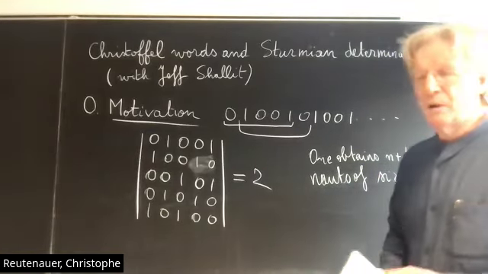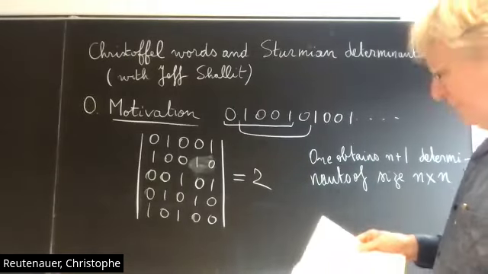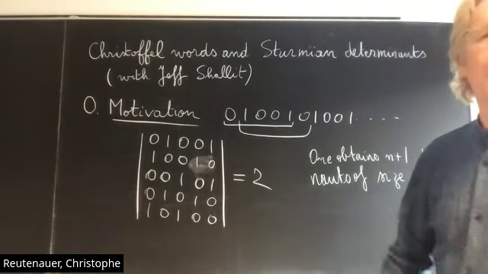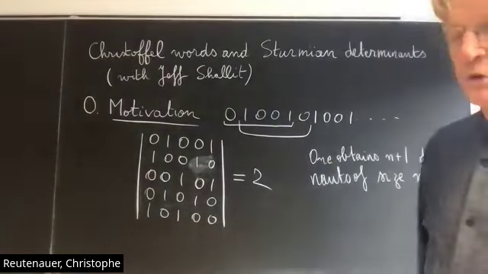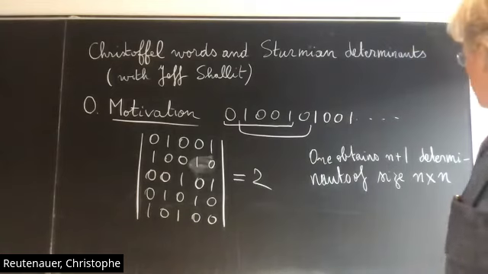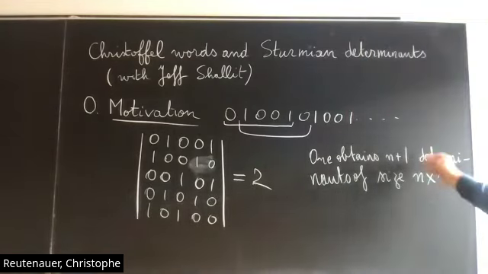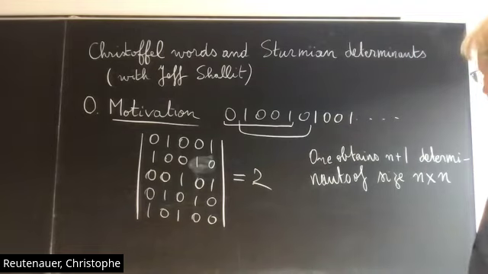So we can compute all these numbers. Of course, there is a problem of the sign because you have to choose some order on the factors. But up to the sign, we have n plus 1 numbers for each n.